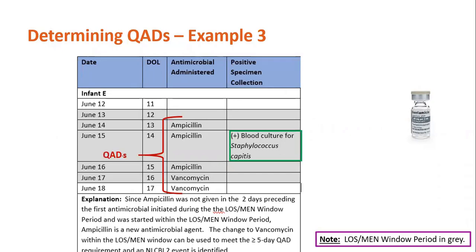Because ampicillin was not given in the 2 days preceding the first antimicrobial initiated during the late onset sepsis meningitis window period, the ampicillin is considered a new antimicrobial agent. The change to vancomycin within the late onset sepsis men window period can be used to meet the greater than or equal to 5-day QAD requirement and a late onset sepsis or an NLCBI-2 event is identified.